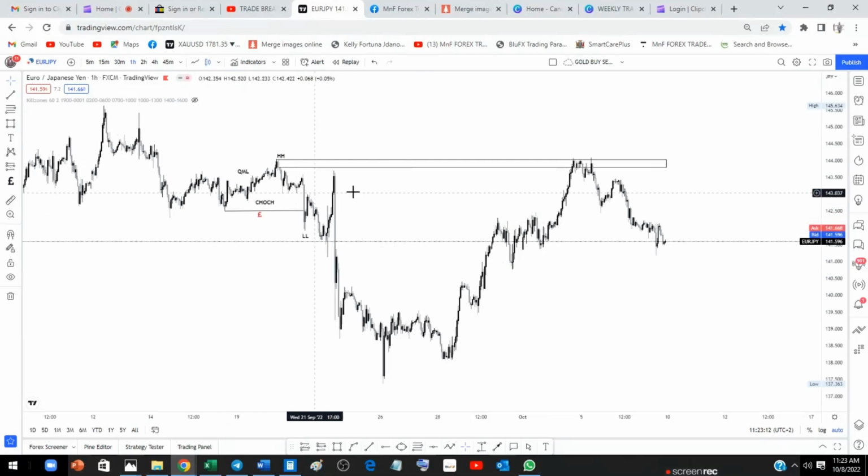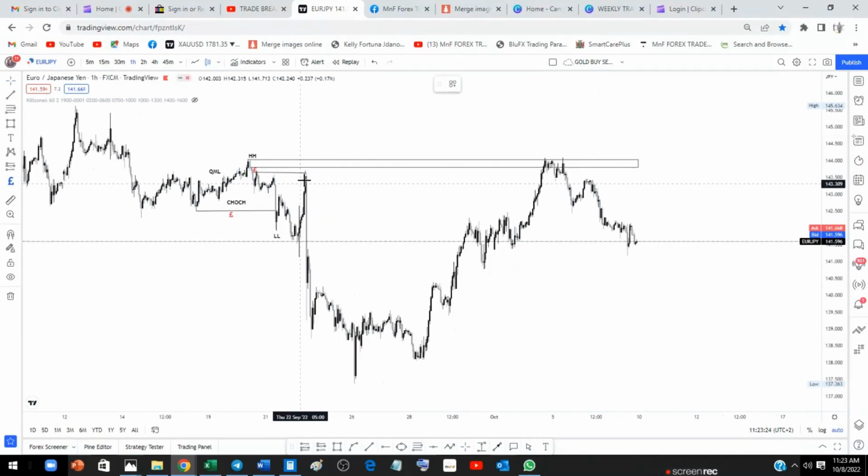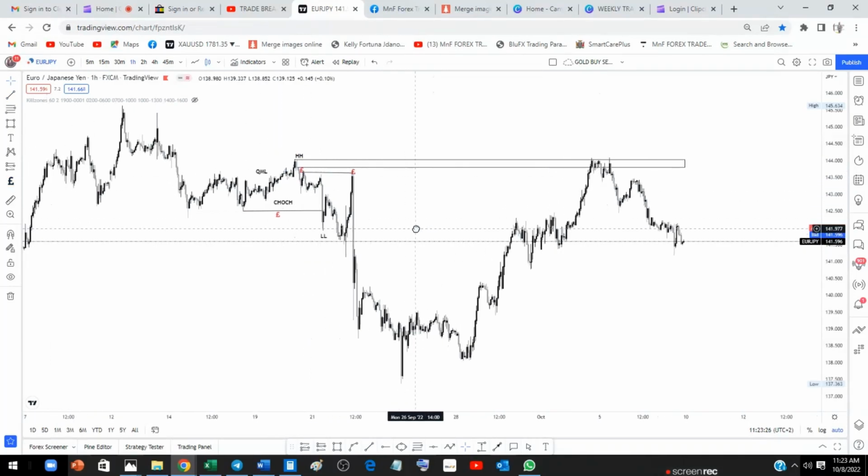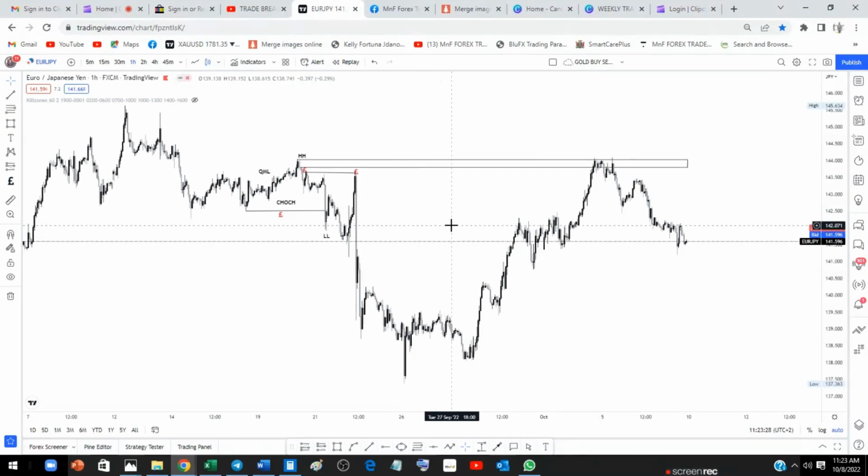What else? Even though I didn't really catch it here, we actually had equal highs at this level right here. We had this high here and this high right there. What that tells me is that there's a higher chance of price taking out this equal high to come to my level and then drop.